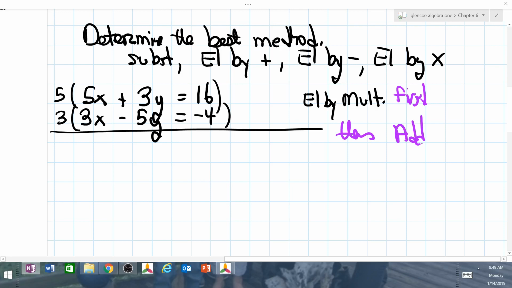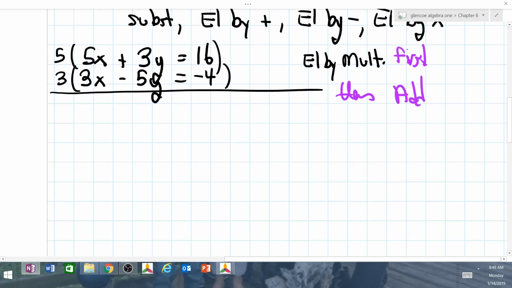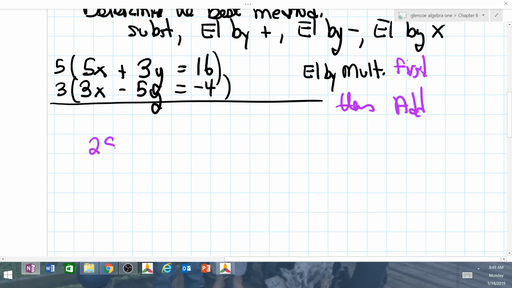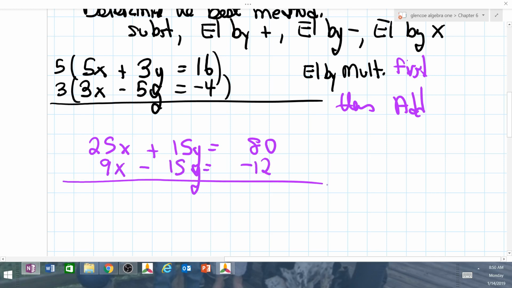So let me freeze it, and you guys can work it. Be careful when you multiply. Remember to multiply everything. 25, 15. 5 times 16 is 80, correct?